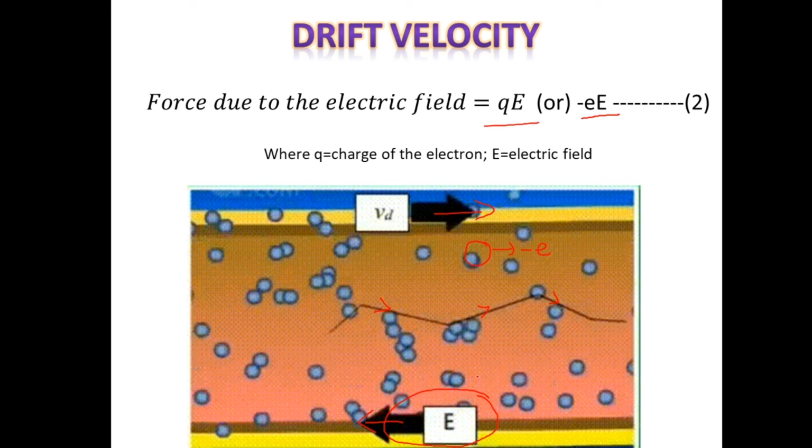The electrons have a negative nature, so they will be attracted towards the positive only. Yes, that's the reason when you supply an electric field, the electrons drift in a direction opposite to the electric field supplied. That's one more reason why we are using a minus sign over here, right? Now I'm taking this as equation 2.